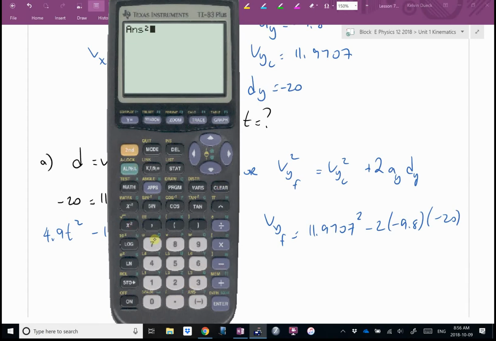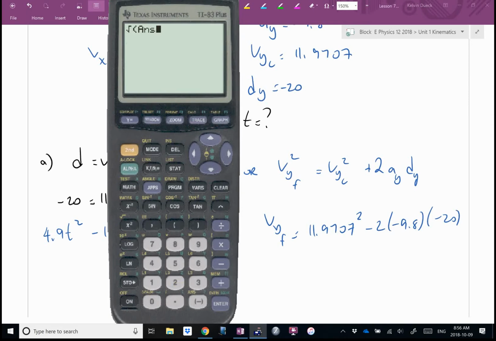Answer button squared minus 2 times negative 9.8 times negative 20, square root. Do you have a quadratic solver on yours? Okay, so those of you that don't have a solver are going to have to use the quadratic formula, or you can do it this way.